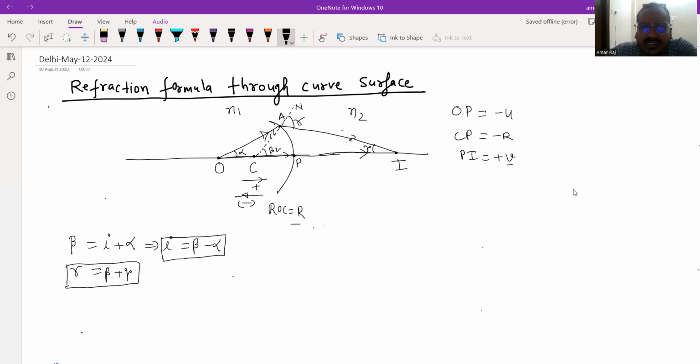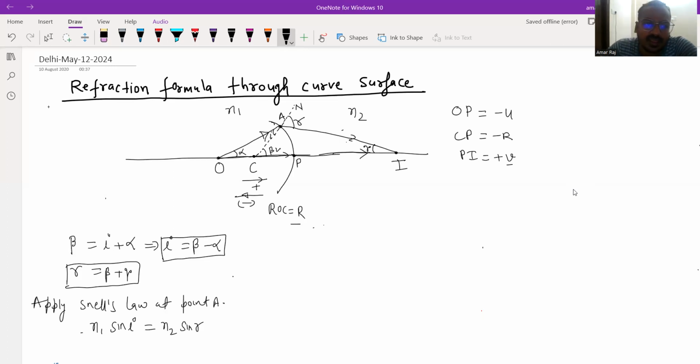Now you can apply Snell's law at the point A. So what will you write at point A, Snell's law? The formula is N1 sin i equal to N2 sin r.